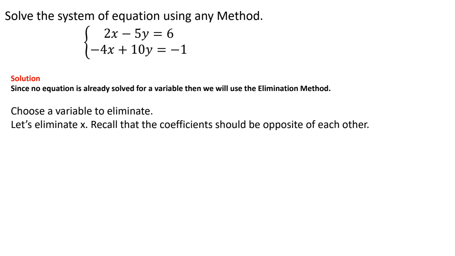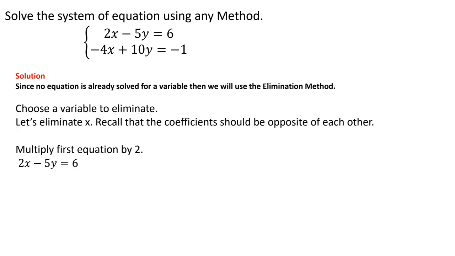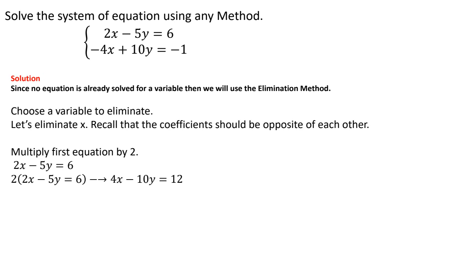And since they're already opposite signs, I don't have to worry about the signs. So in order for me to get the first equation equal to a 4, I see that I just need to multiply a 2 to this equation, right? So I'm going to multiply a 2 to the first equation. And when I do that, I'm going to get 4x minus 10y equals 12.